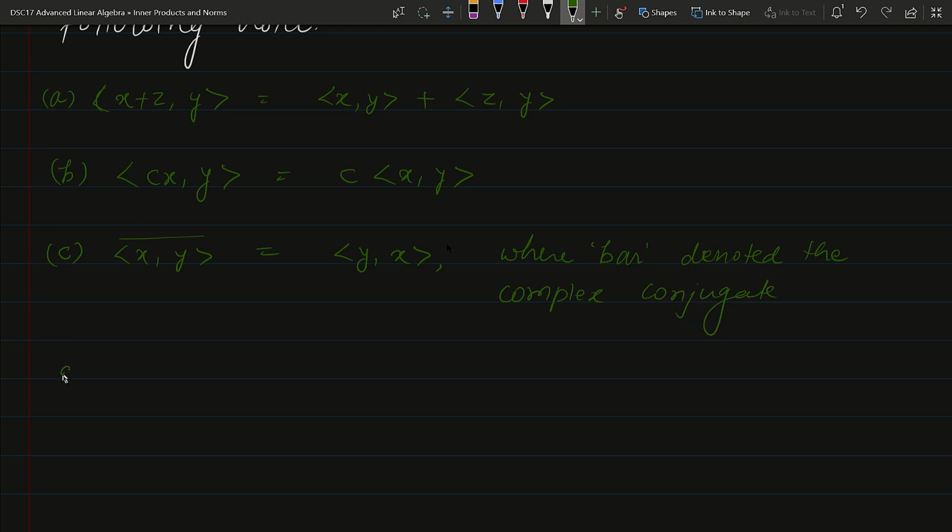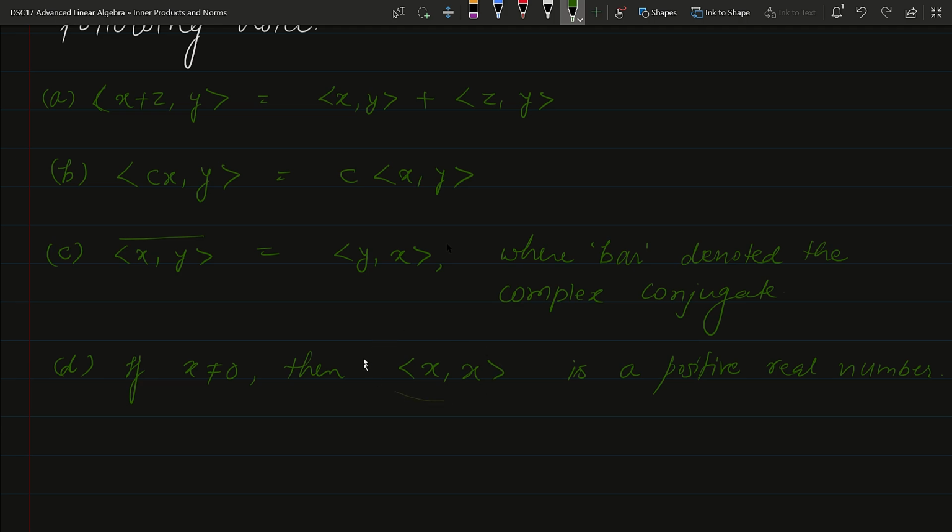And then D condition says if our x is not equal to 0 then inner product x comma x is a positive real number.